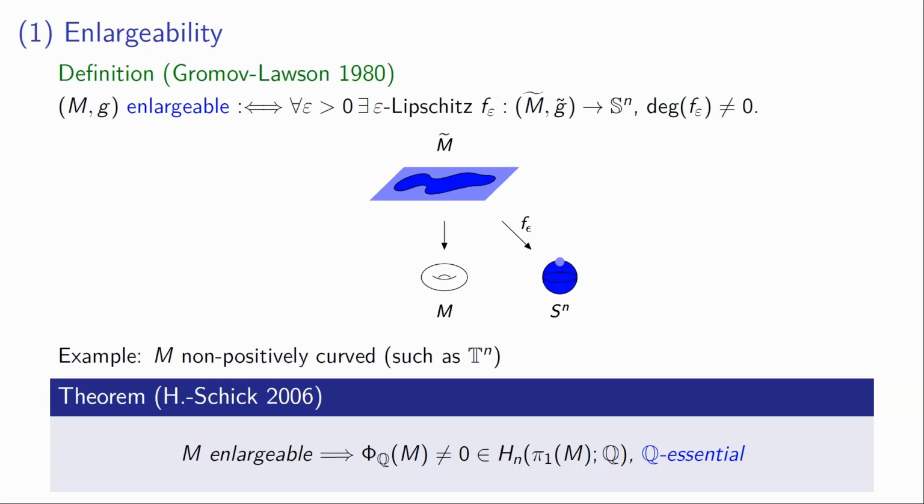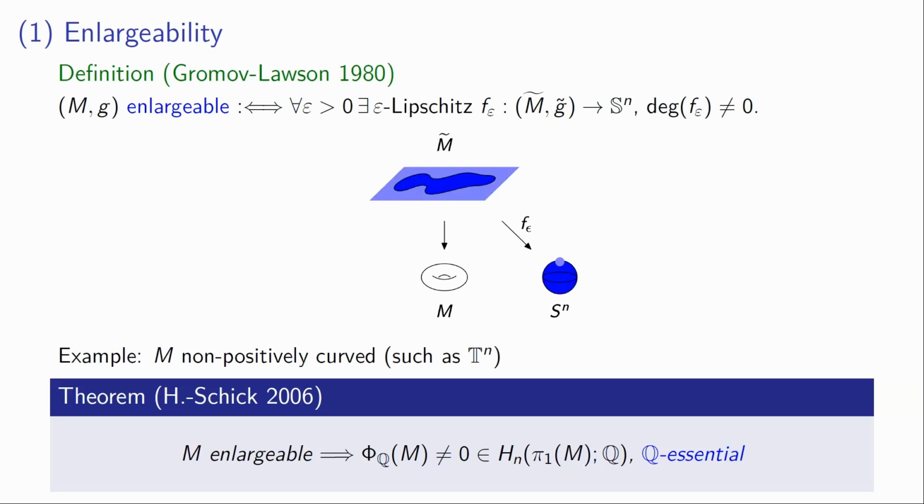So we have a well-defined mapping degree. For example, you can define the mapping degree by taking a regular value of this map in S^n and taking its pre-image, and then counting pre-image points with sign or with orientation. That's the mapping degree of f_epsilon. And if something like this exists for every epsilon arbitrarily small, then we call (M, g) enlargeable.